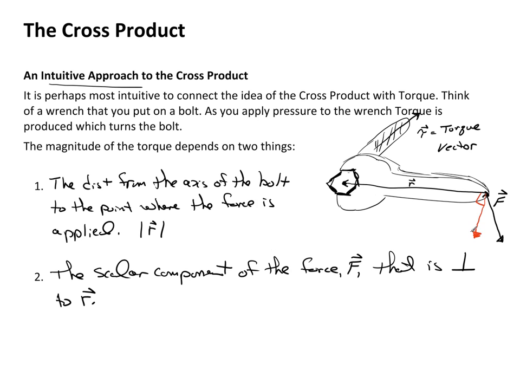This component of the force vector is the only thing that's going to make this wrench turn and result in a torque. Think for a moment, if this force vector went this direction, this angle now is 0, and there's no torque because it's pulling. There's no twisting going on.